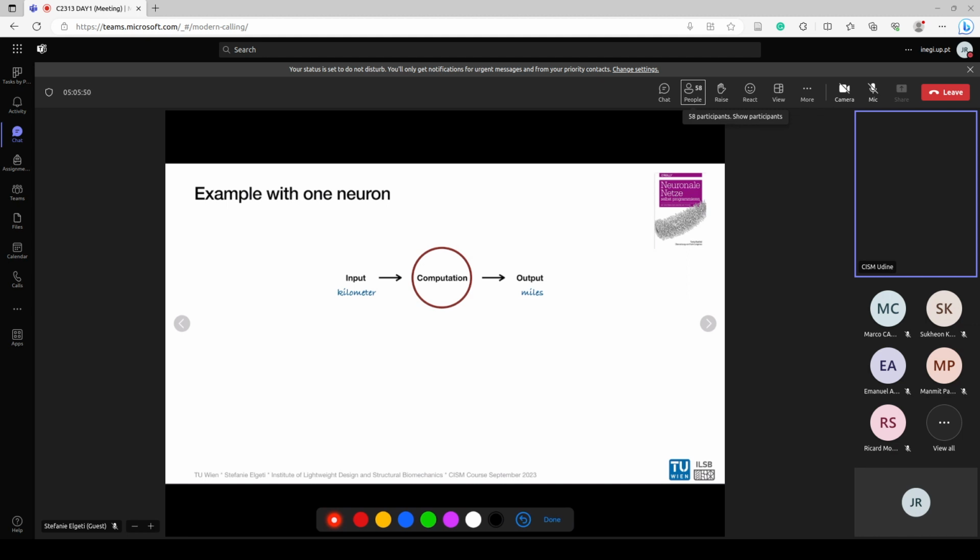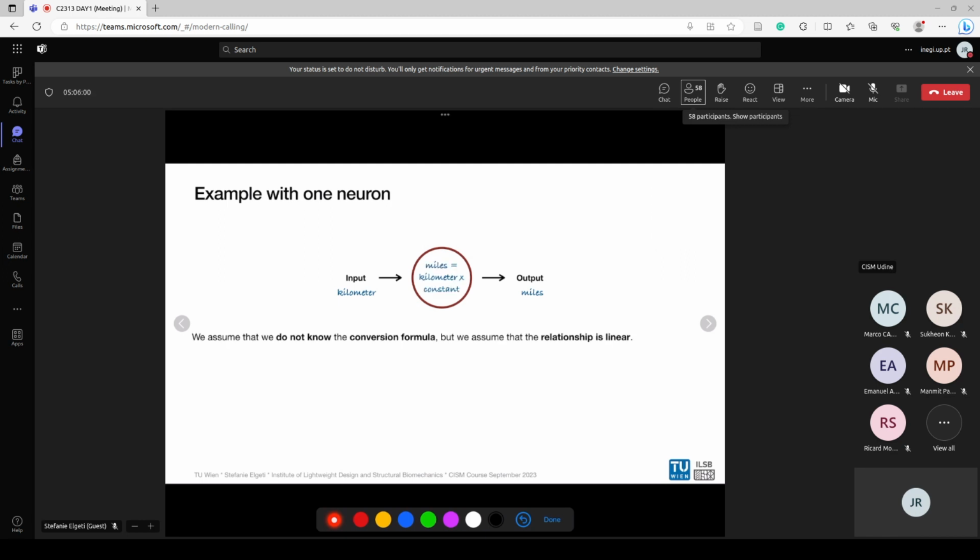Then we have some input, which would be the kilometers, we have an output, which would be miles, and we perform some kind of computation in there. So for now, we assume that we do not know the conversion formula, but we make the assumption that the relationship is linear. So something like miles is equal to kilometers times a constant.